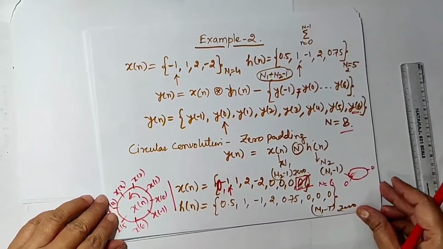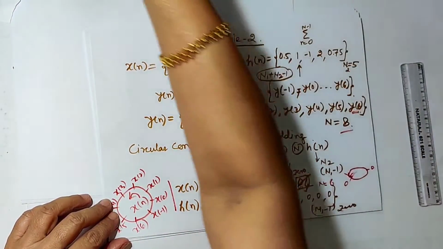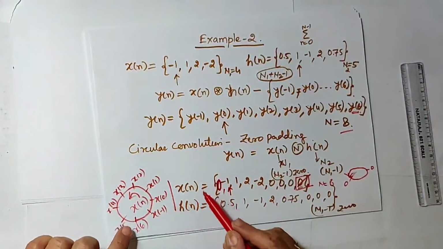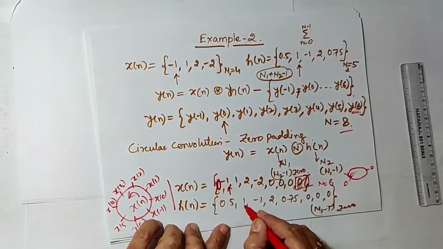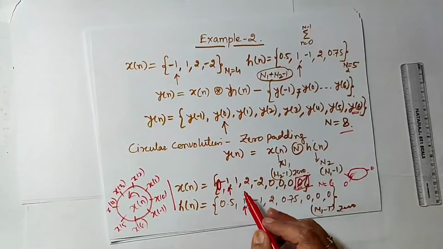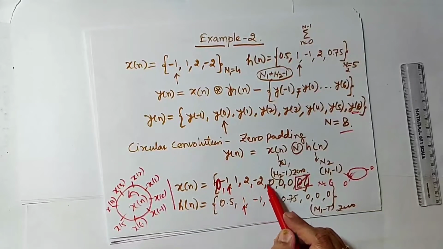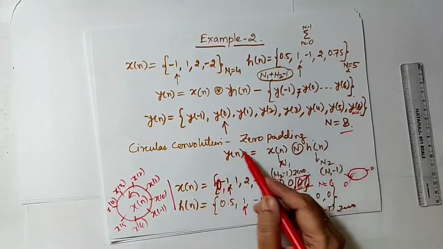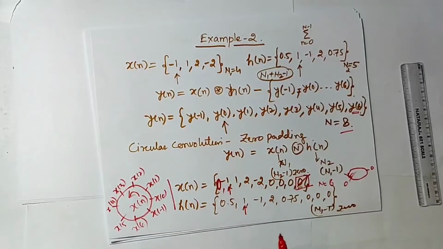I can give you the answer. What is its answer? After solving these two sequences, now you can plot it. Here we have this value: 0, 1, 2, 3, 4, 5, 6. It is managed. Yes, 0, 1, 2, 3, 4, 5, 6. It is managed, and we put 0 before the sequence.